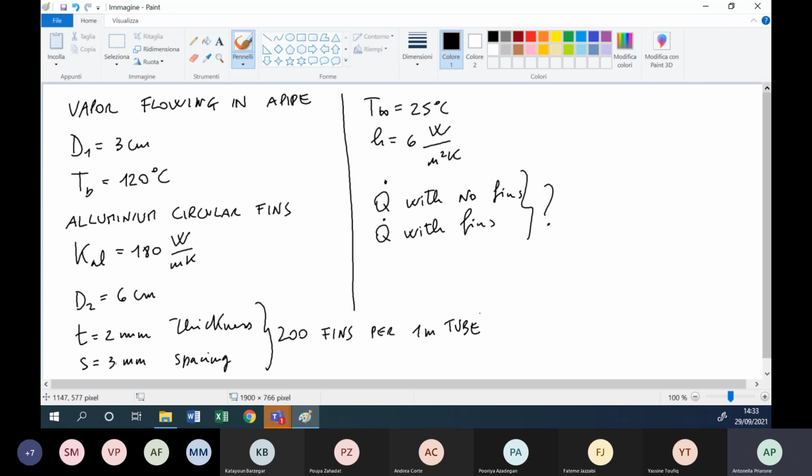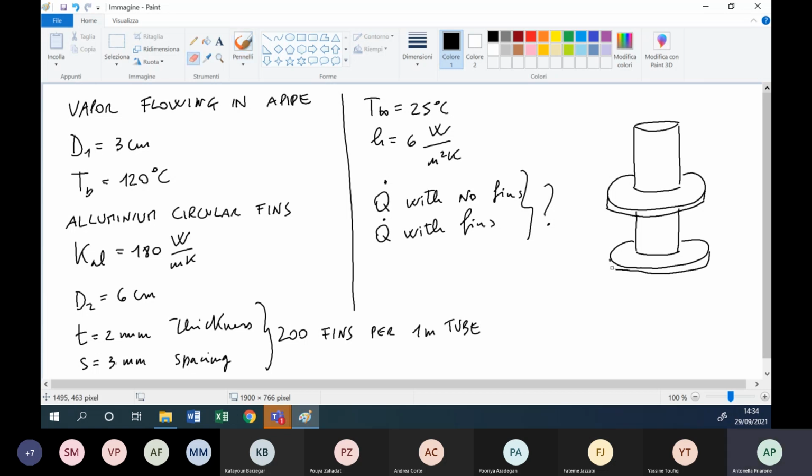I do the sketch of the geometry, that is not simple to do on this tablet, but I try. Sorry, here I have to do the thickness of my fin. It's terrible, this drawing, but please try to understand that at the blackboard would be better.